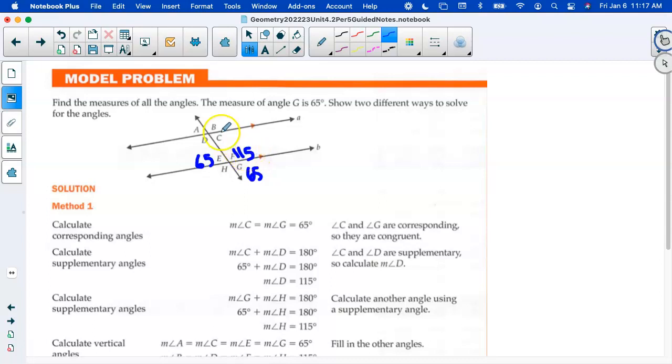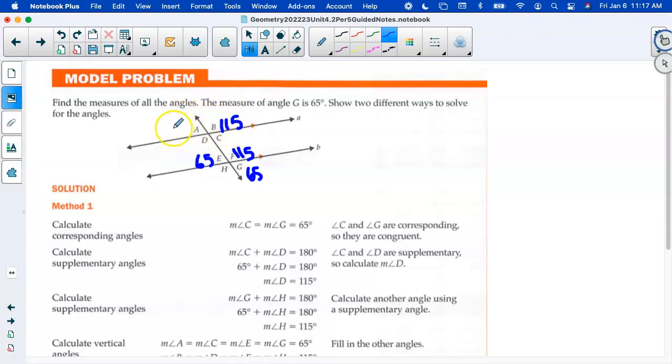Angle F and angle B are corresponding angles. 115. Again, I have to learn how to write, but you'll forgive me. That looks like a 45. I'll redo it. Excuse me. 115.